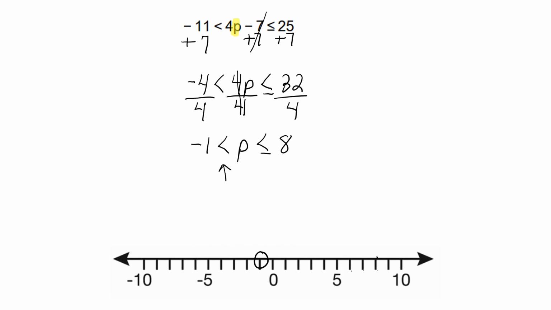We're going to put a closed circle because this one does have the line. Okay, and because it's an and statement, all the solutions will be shaded inside the -1 and the 8.